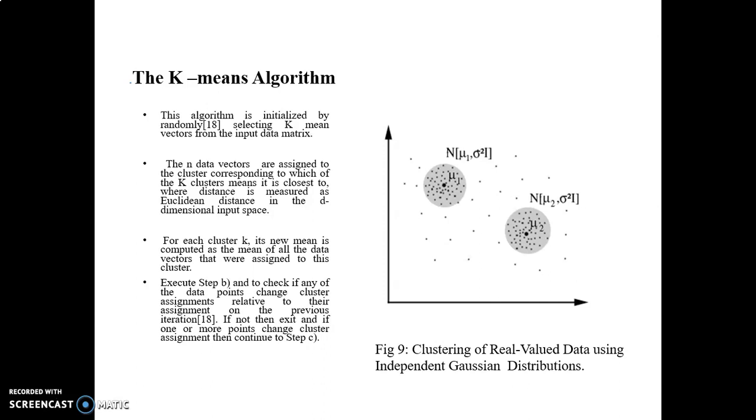That's why we can say that the n data vectors are assigned to the cluster corresponding to which of the k cluster means it is closest to, where the distance is measured as Euclidean distance in the d-dimensional input space. For each cluster k, its new mean is computed as the mean of all the data vectors that were assigned to the cluster.